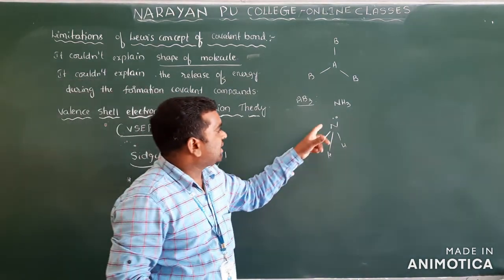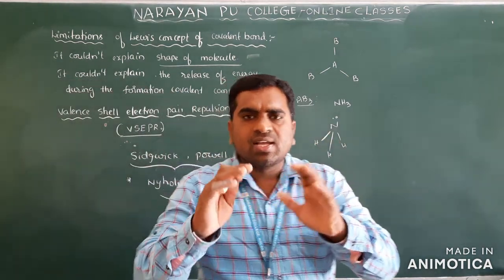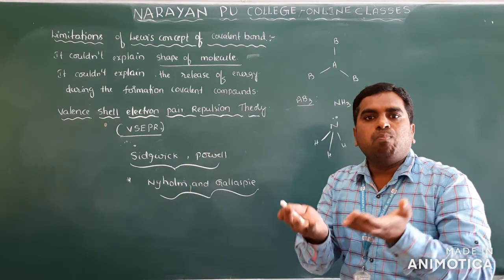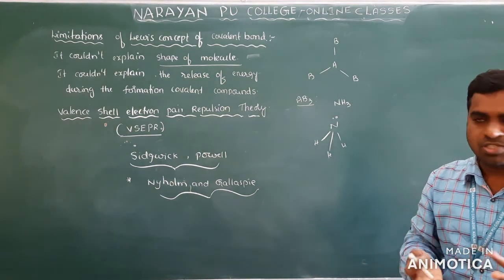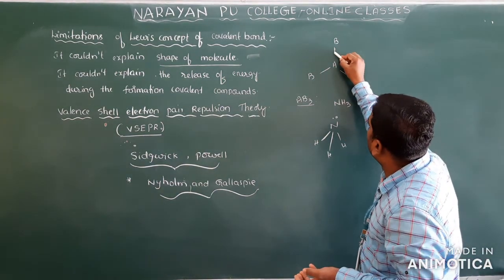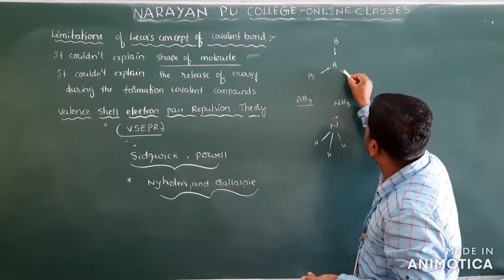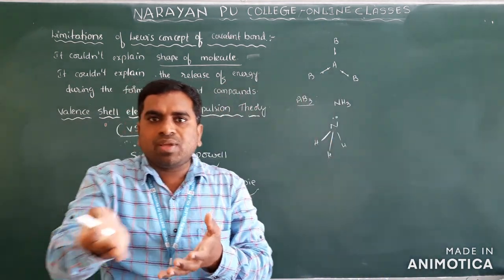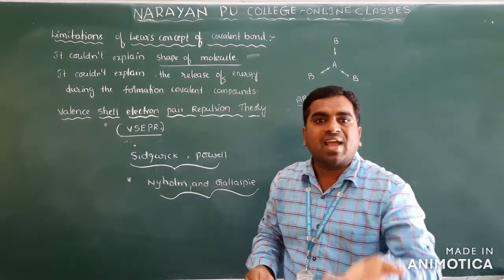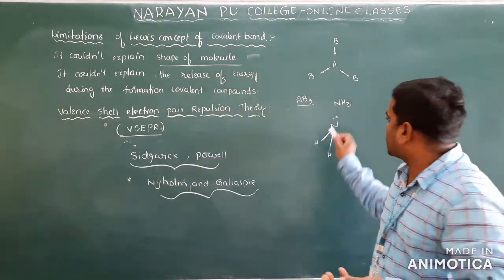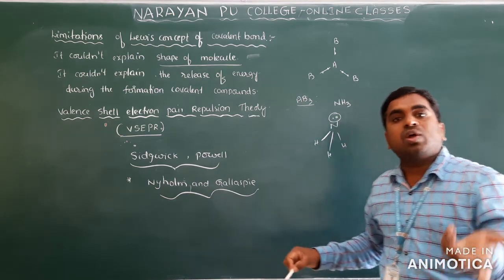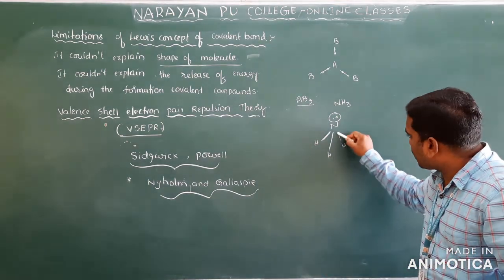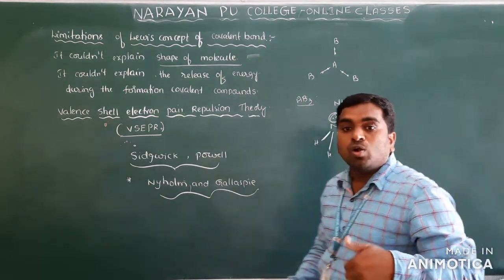So here the central atom is surrounded by bond pairs of electrons. One covalent bond means two electrons. So the central atom is surrounded by bond pair electrons. In some cases, lone pair electrons are also present along with the bond pairs. Here there are bond pairs, and here a lone pair of electrons.